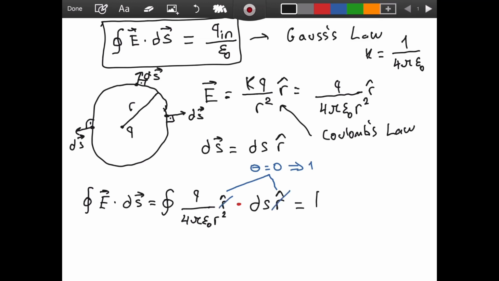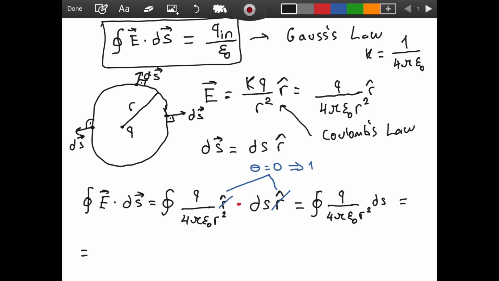And as a result, we are left with the closed surface integral of q over 4 pi epsilon naught r squared ds. It is a property of integrals that you can take the constants out of the integral, just like you could do in sigma notation, in summation.